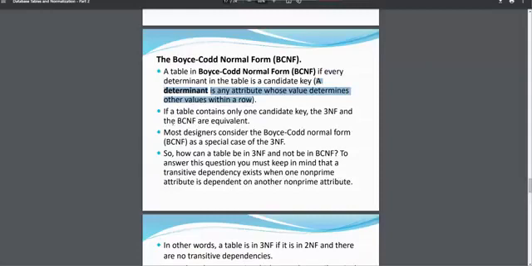So you know the concept of candidate keys. I hope all of you understand the difference between a candidate key and a primary key. A candidate key can also be used to uniquely identify a record. But when one key is selected, that becomes the primary key, and the other becomes a candidate key.